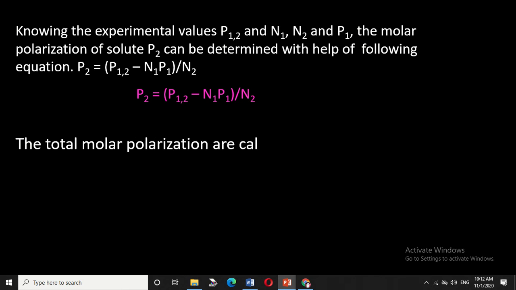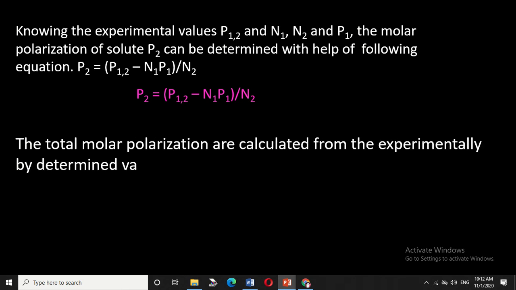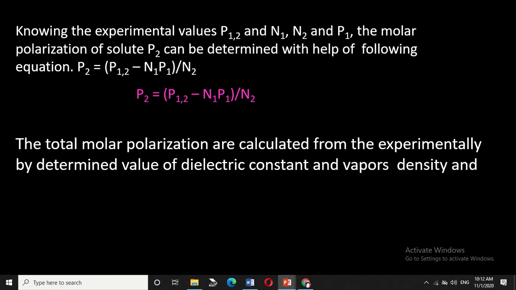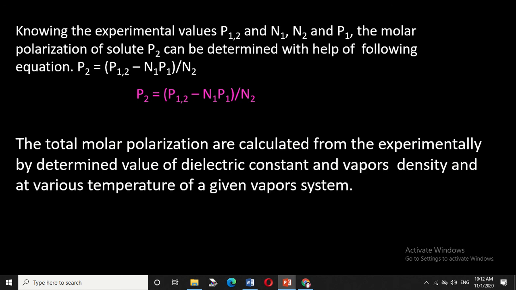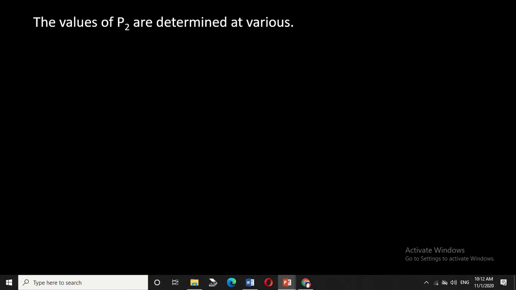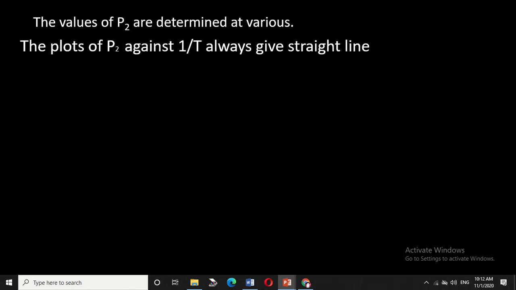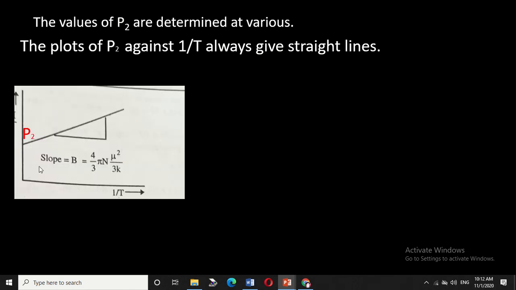The total molar polarizations are calculated experimentally by determining the value of dielectric constant and vapor density at various temperatures, and with the help of this information and the above terminology, the value of P2 is determined at various temperatures. Therefore, a plot of P2 against 1 upon T always gives a straight line like this.